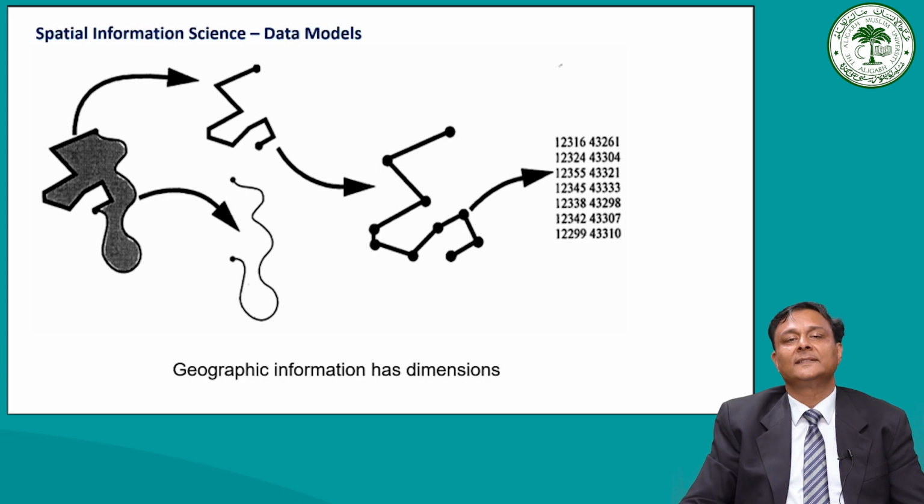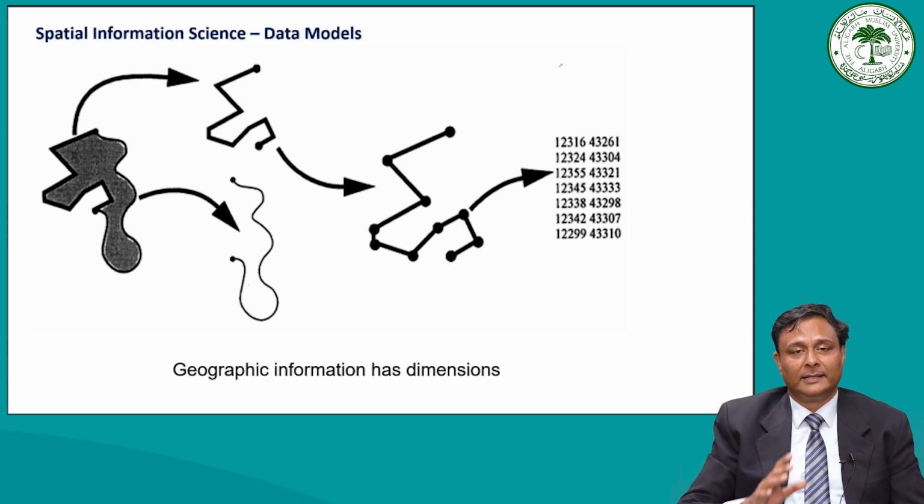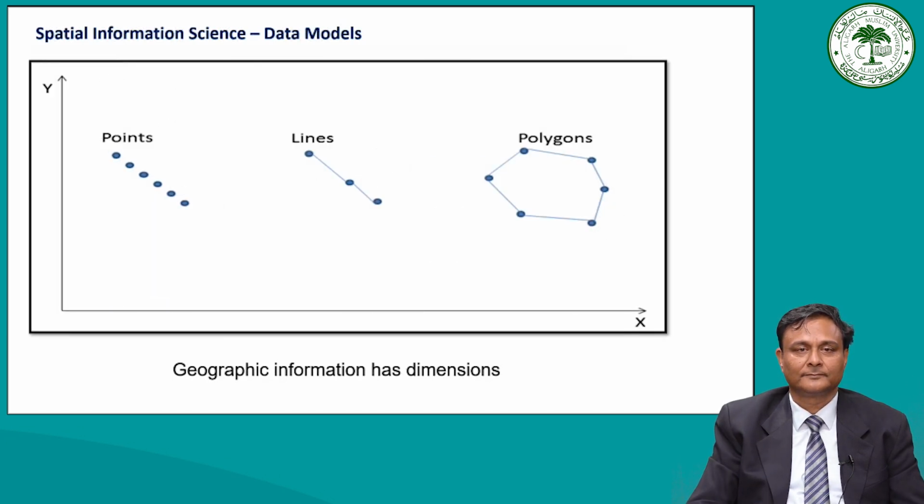But I am posing this question to you. Just think about it: if any rectangular feature is to be represented, how many lines, how many coordinates are required? Just think about it. So you can see now here, I gave you the example of a rectangle, but here the polygon has a few lines.